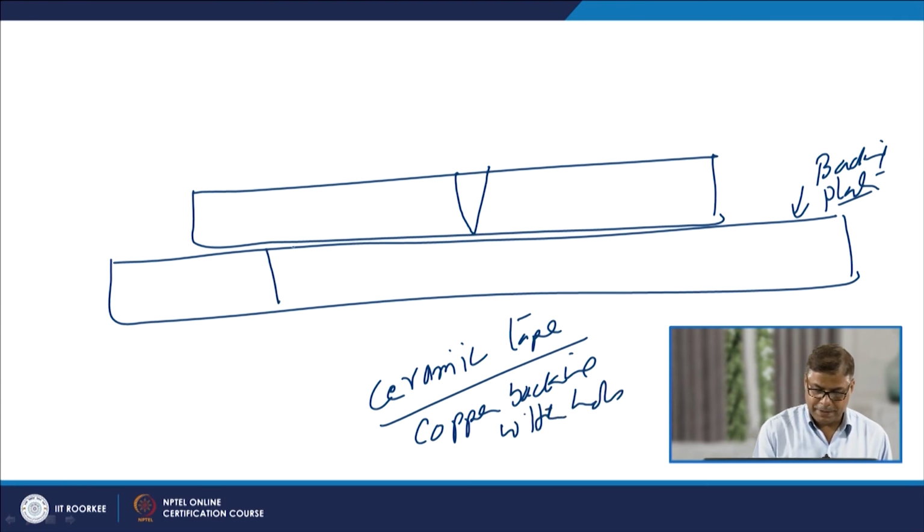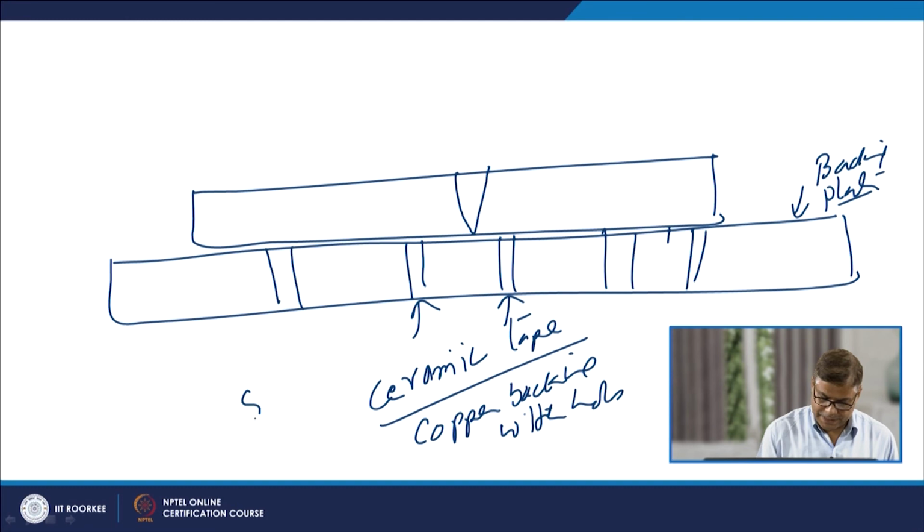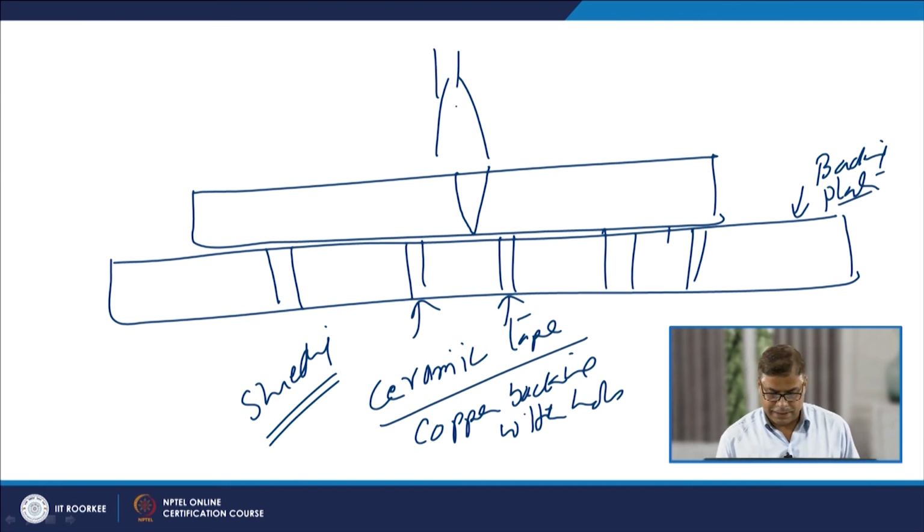The plate having holes from the bottom side can be used in order to provide shielding from the bottom side. So, apart from the shielding from the top side, shielding from the bottom side can also be provided through the holes in the backing plate.